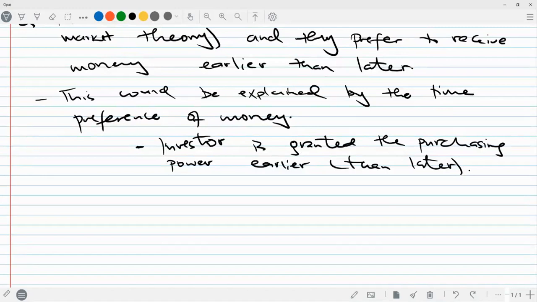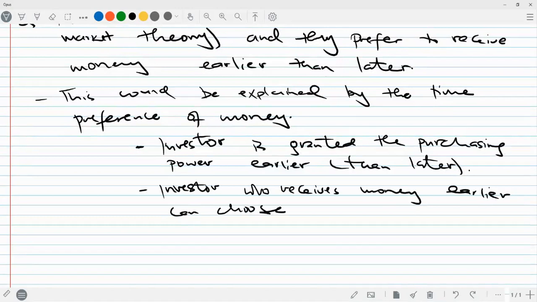The investor who receives money earlier can choose to invest and earn interest on the sum of money. So this is called the concept of time preference for money, the time value of money.